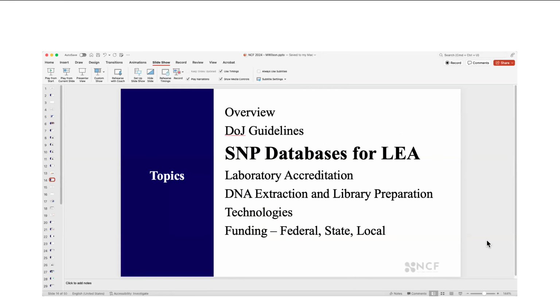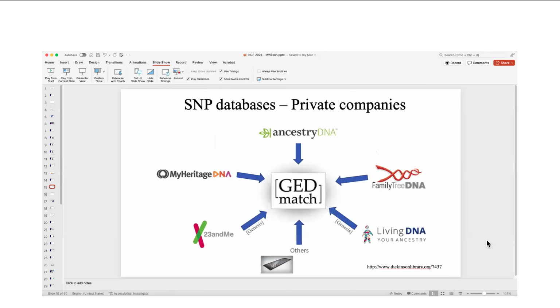Okay, so let's talk about the SNP databases, the actual databases that are used for law enforcement searching. There are a number of them. And one of the main ones that gets a lot of attention is the GEDmatch database.